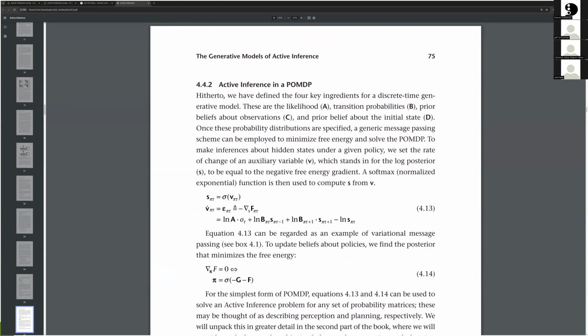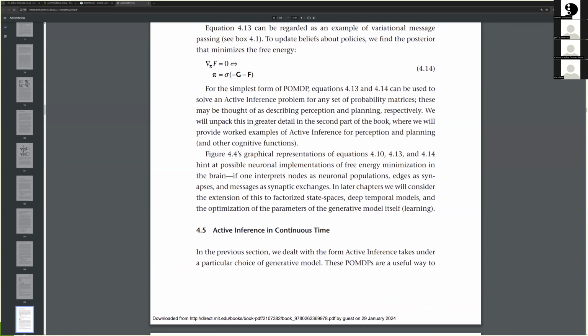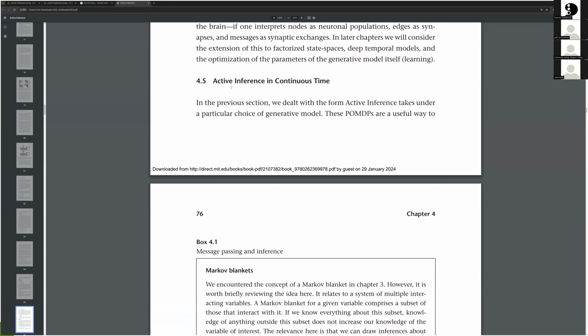Still in the discrete time section. This is just going through more details of stuff that's going to come back in chapter 7. 4.5, continuous time.